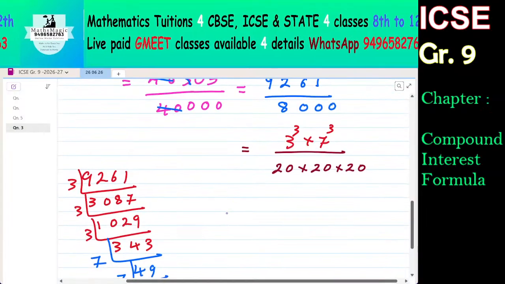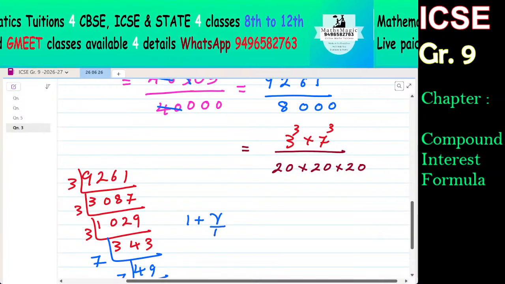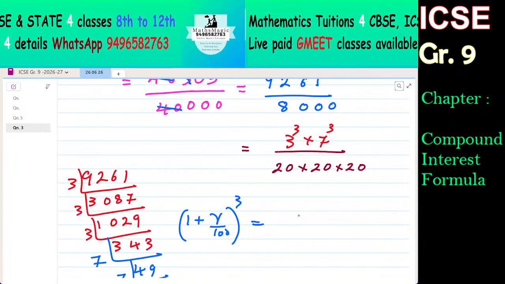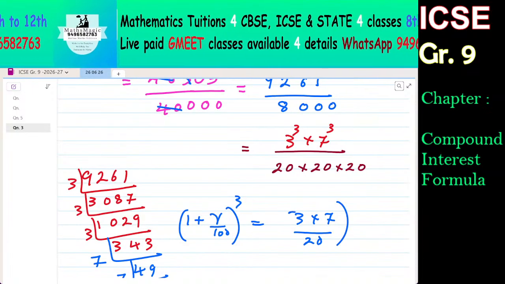Now you will have your (1 plus R by 100) whole cube as (3 times 7 divided by 20) whole cube.